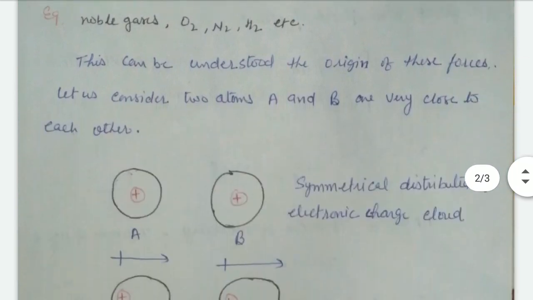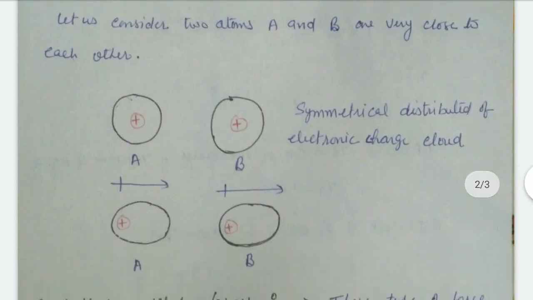The origin of this force can be understood. Let us consider two atoms, A and B. It is clear on your screen. The atoms A and B have a positive charge at the center, symmetrically distributed.